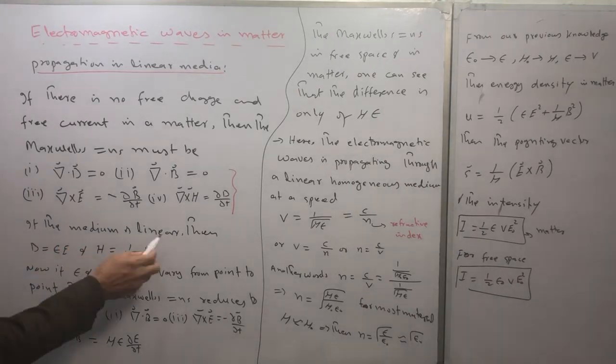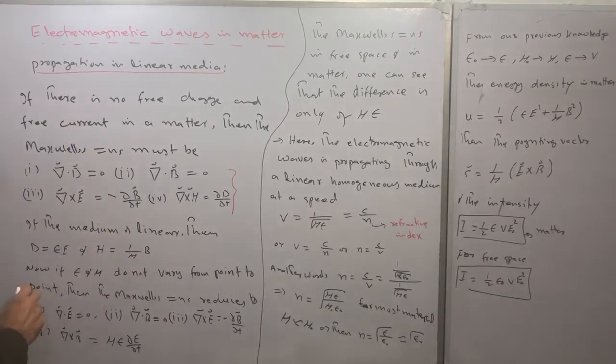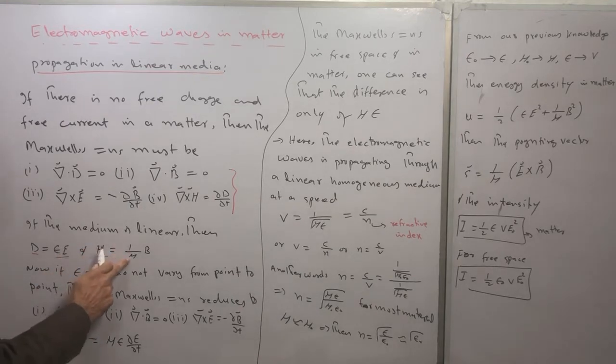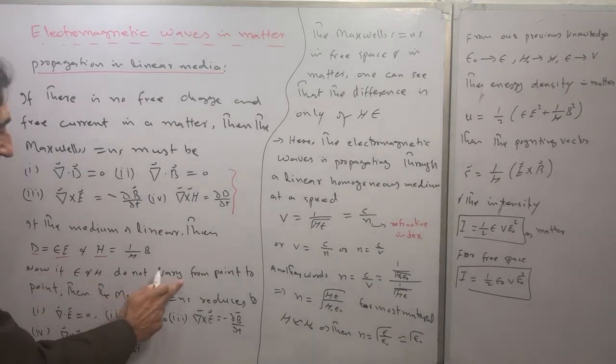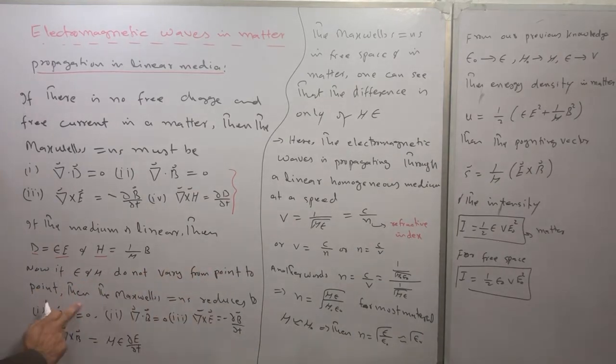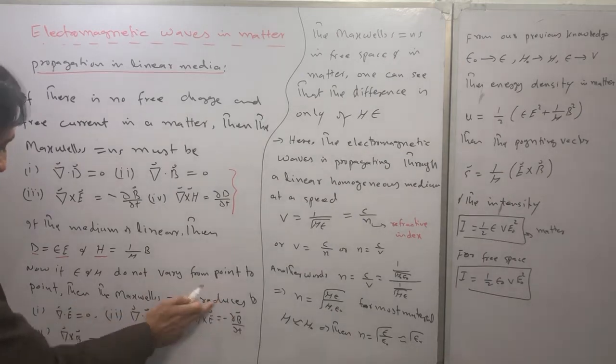As we have considered the medium to be linear, we can say that the displacement D is equal to epsilon E, and the auxiliary field H is equal to 1 over mu times B. Now, if epsilon and mu do not vary from point to point, then the Maxwell equations reduce to the following.